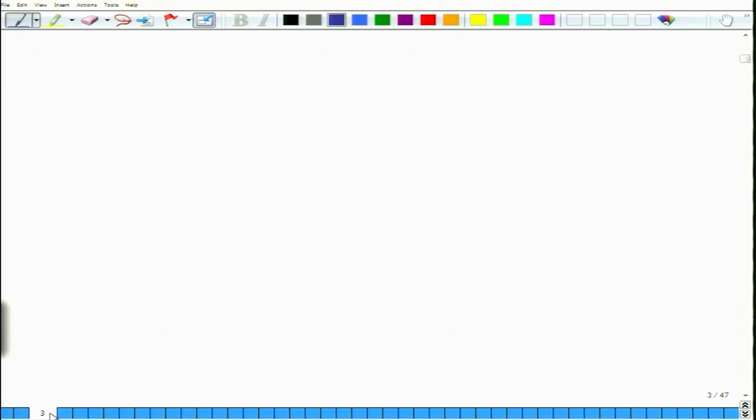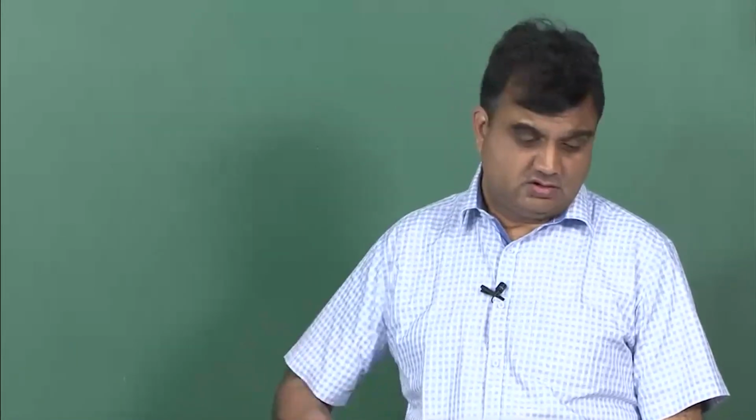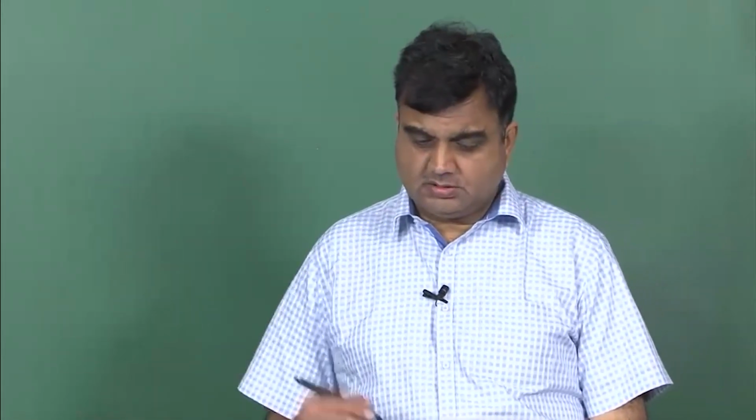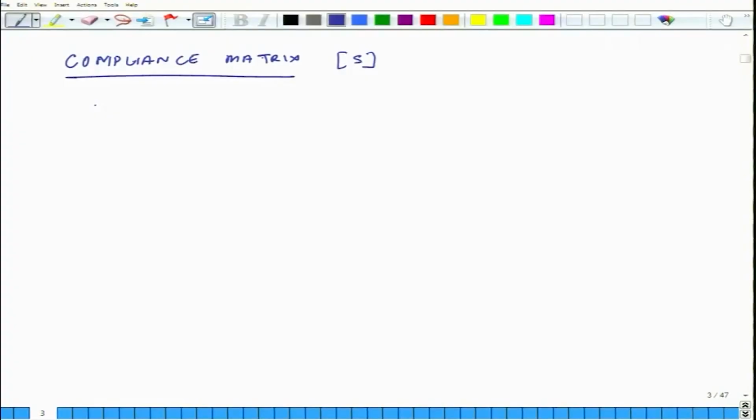So, the next thing we look at is the compliance matrix. The stiffness matrix was designated as Q, and the compliance matrix is designated as S. This is a little strange because one would think S would stand for stiffness, but it is for Q. So, what is the relation between stress and strain if we use the compliance matrix?